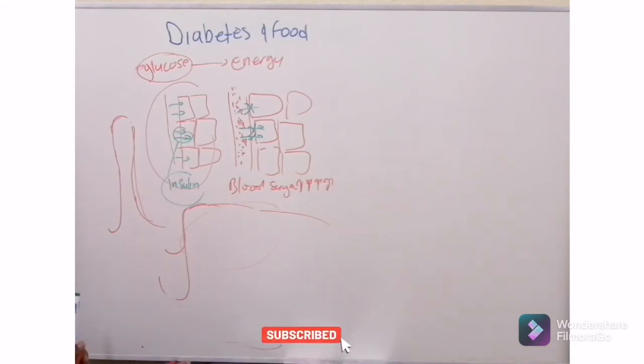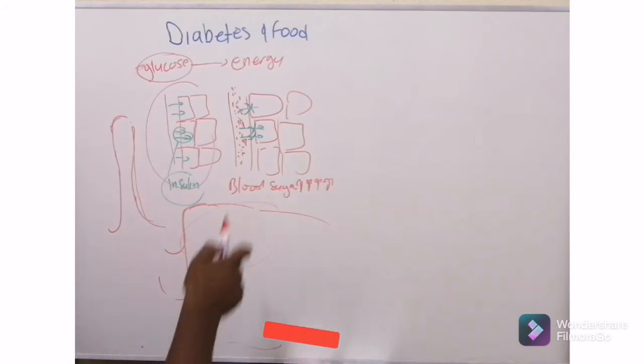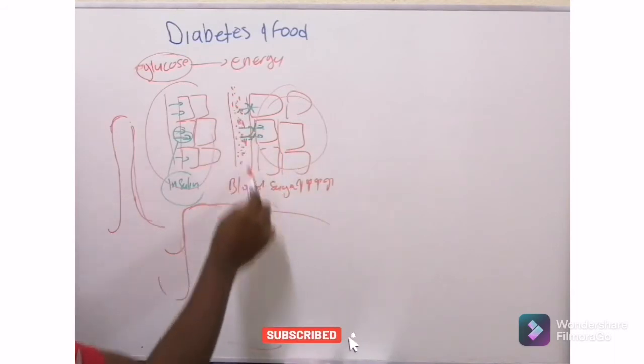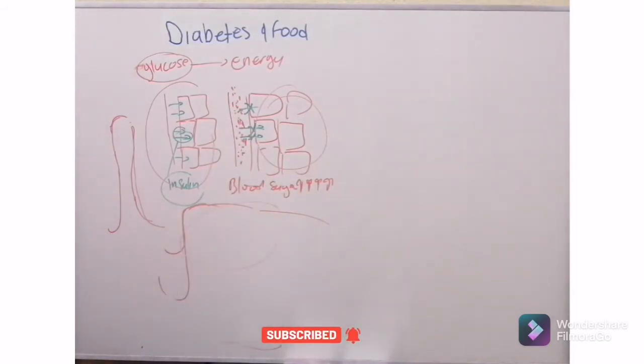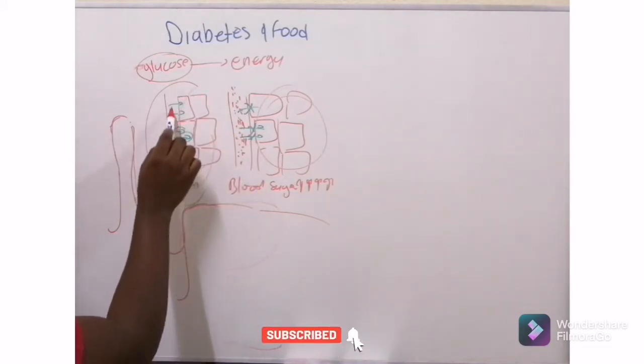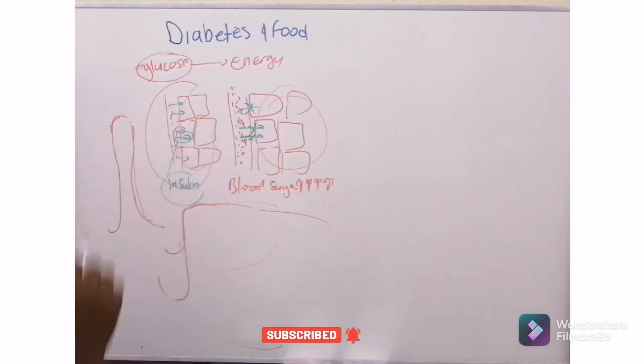But the issue is they can't transport it into the cells. So these cells are starved, even though there's glucose in the blood vessels.